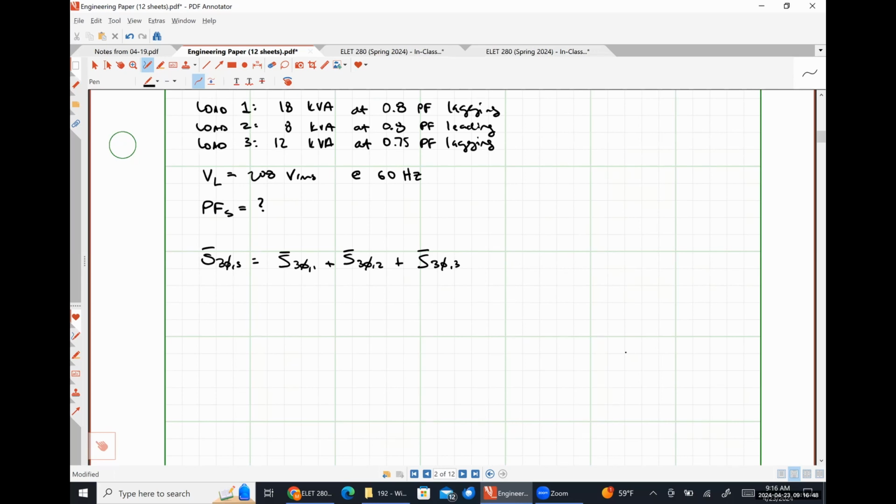So for load one, that's just going to be 18 with an inverse cosine of 0.8, which is going to come out to be 18 angle 36.870 degrees kVA.